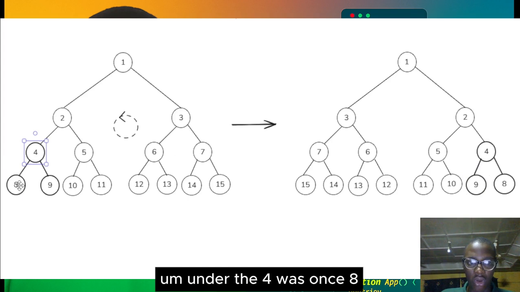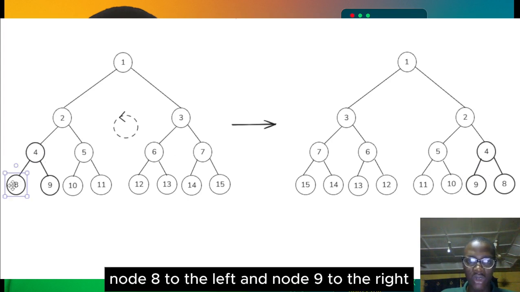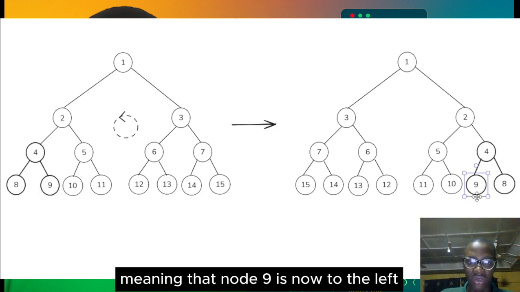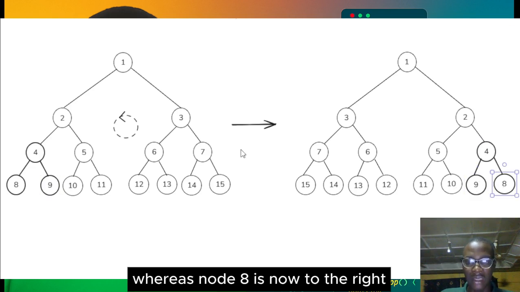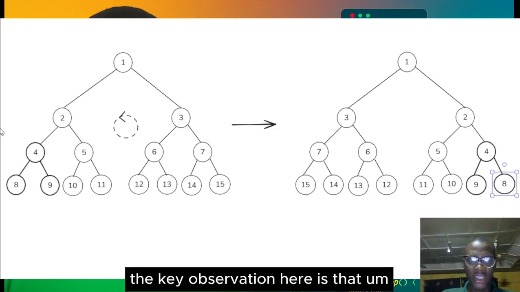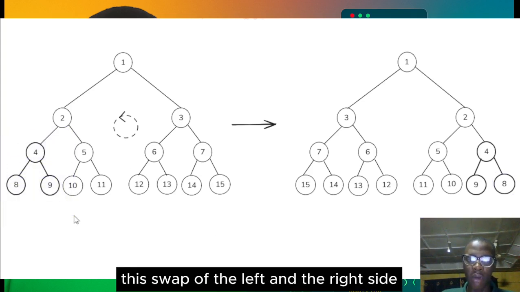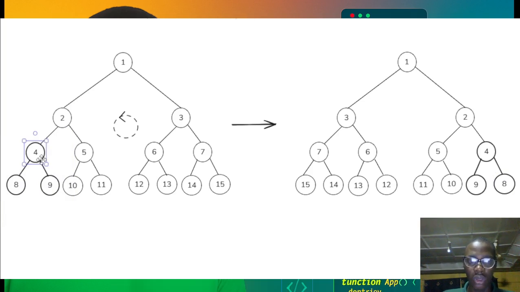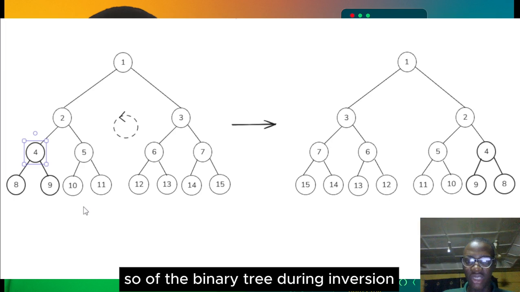Under 4 was once node 8 to the left and node 9 to the right, but now node 9 is to the left, whereas node 8 is to the right. The key observation here is that this swap of the left and the right child happens to each node of the binary tree during inversion.